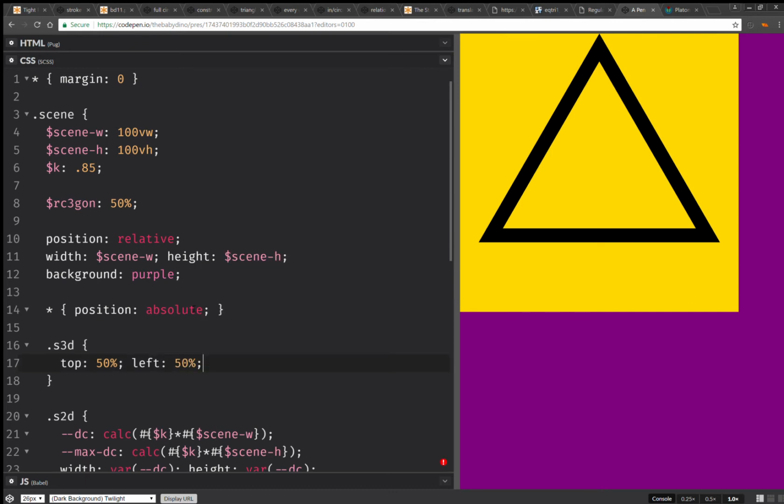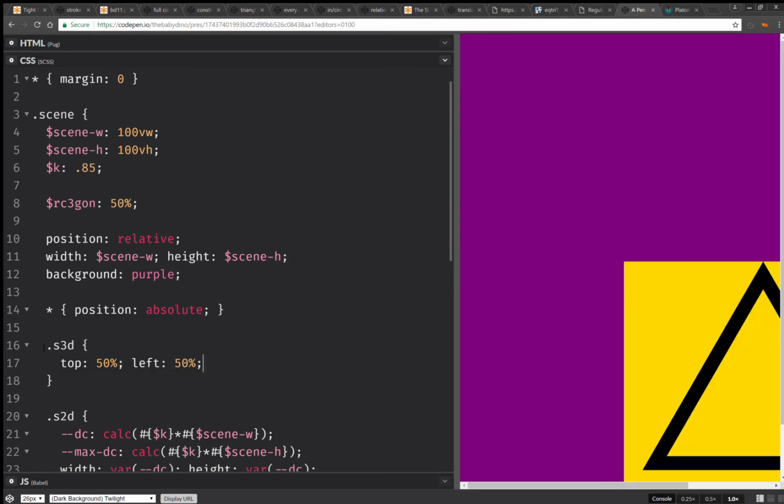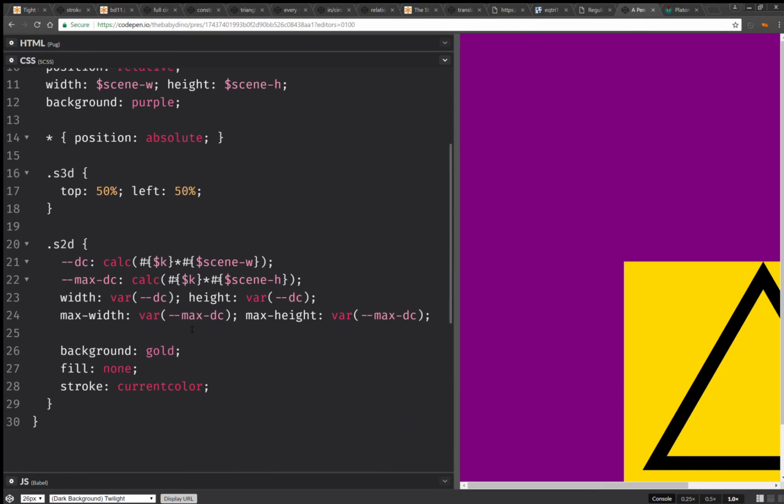And this is right in the middle because this 3D shape is a 0 by 0 element, but the 2D shapes are not 0 by 0 anymore. So we need to translate them by half their dimension. Translate them up and left by half their dimensions. So transform, translate, that's minus 50%, minus 50%.